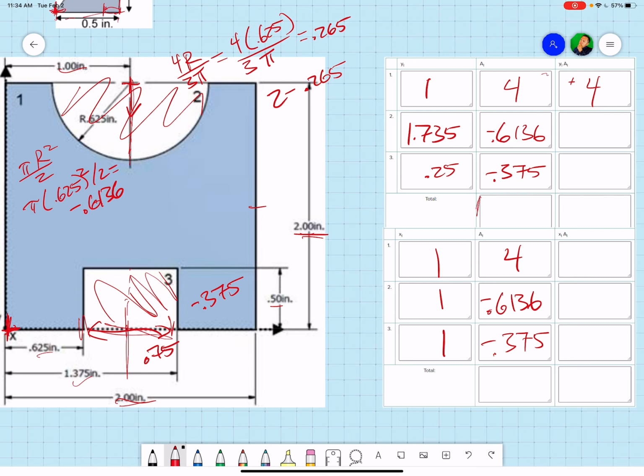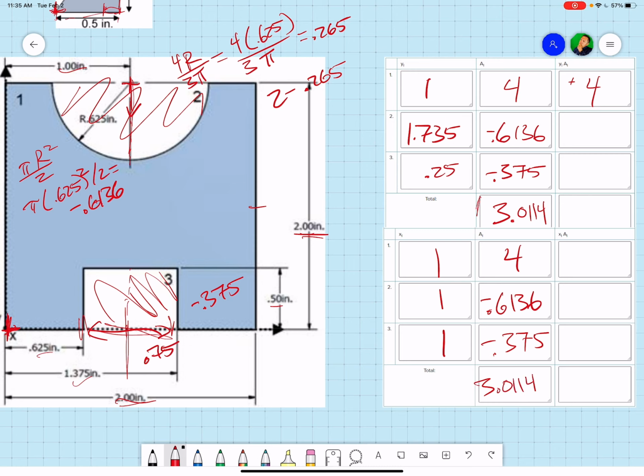So we have 4 minus 0.6136 and minus 0.375, and we get 3.0114. Okay. Now, what about the other one? That's going to be the same value down here, so 3.0114 is down there as well.